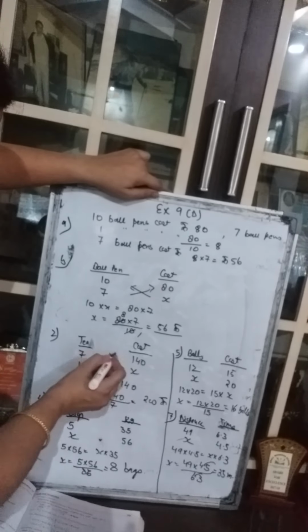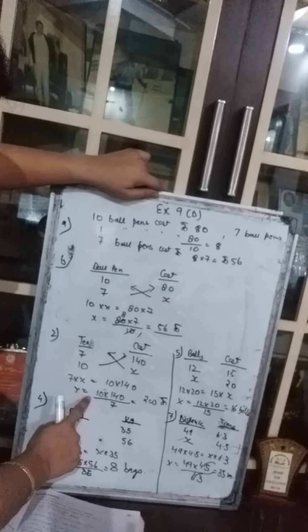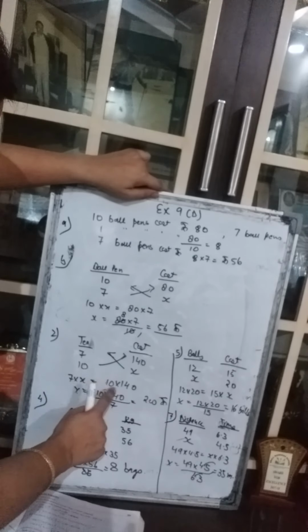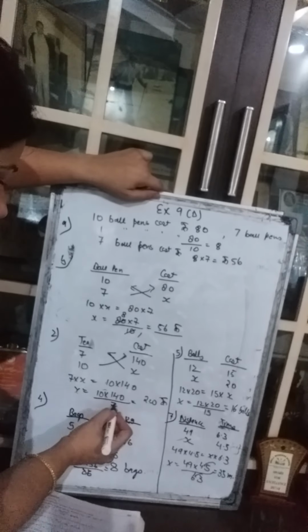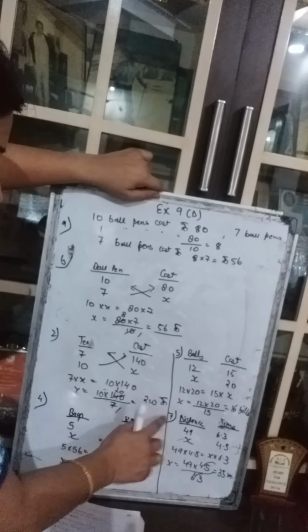Simply do the cross multiplication. X will go this side: 7 into X is equal to 10 into 140. X is equal to 10 into 140 upon 7, because here 7 was getting multiplied, so here it will get divided. So 7 ones are 7, 7 twenties are 140, and 10 into 20 gives you 200 rupees.